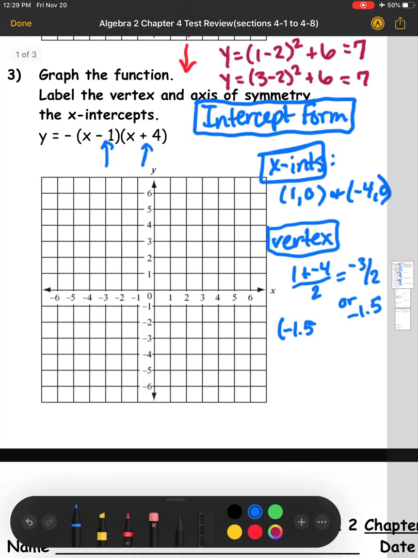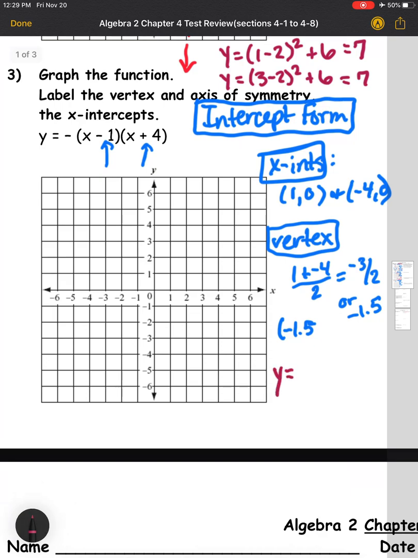And again, I'm going to get that y value by plugging that x value back into the original equation. So I'm going to do that here. And when you do that, you should get back out 25 over 4 or 6.25 or 6 1/4.